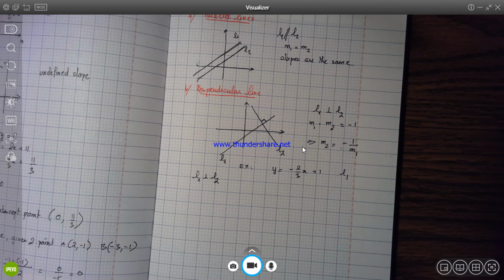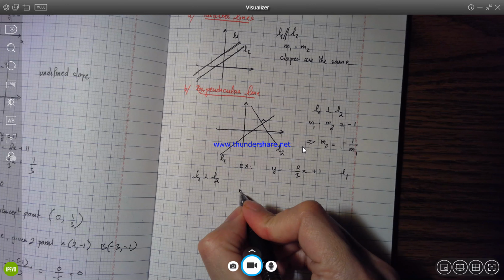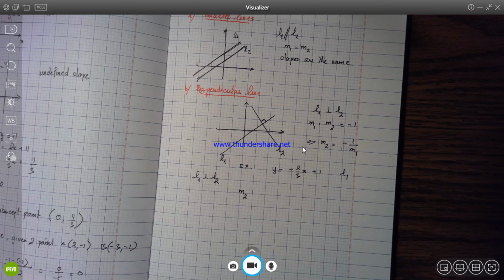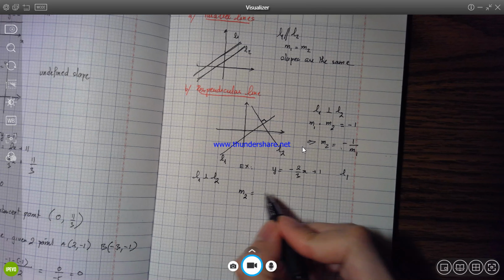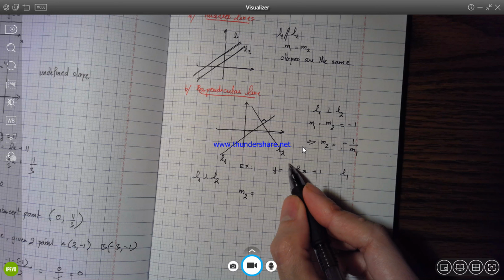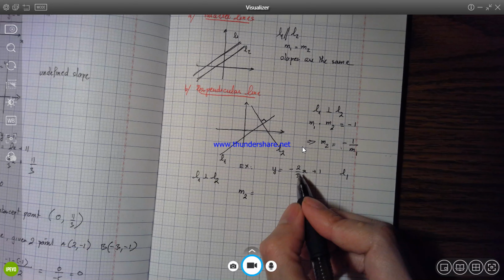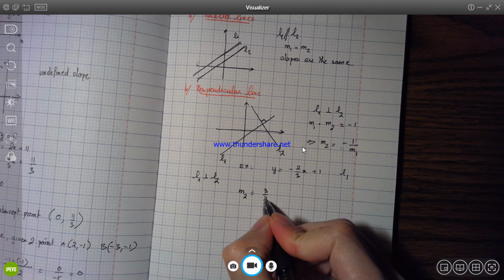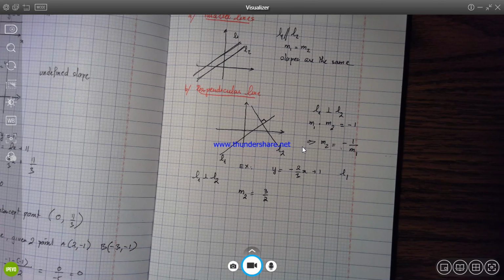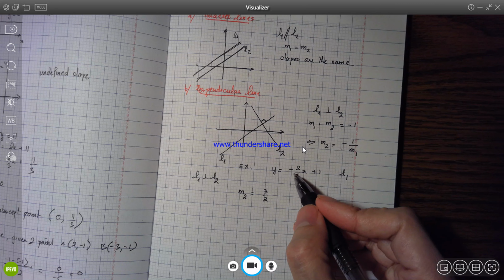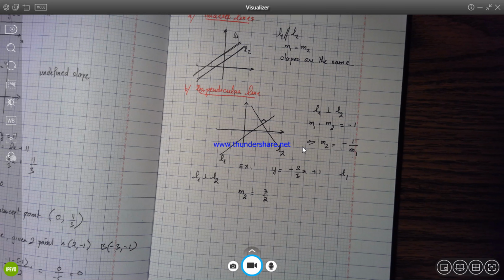Then the slope of L2, I'm going to call it M2, will be the negative reciprocal of this. Negative becomes positive, and the reciprocal makes it 3 over 2. If L1 is parallel to L2, then M2 will be negative 2 over 3 also. And because it's perpendicular, you make it the negative reciprocal.